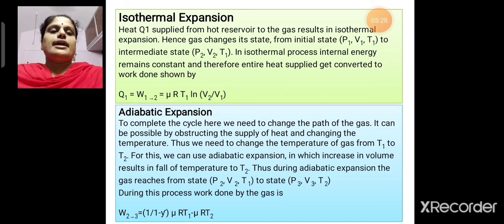Thus, during adiabatic expansion, the gas changes its state from P2V2T1 to P3V3T2. The work done during this process is given by W2→3 = 1/(1−γ) × (μRT1 − μRT2), which is the work done in an adiabatic process.